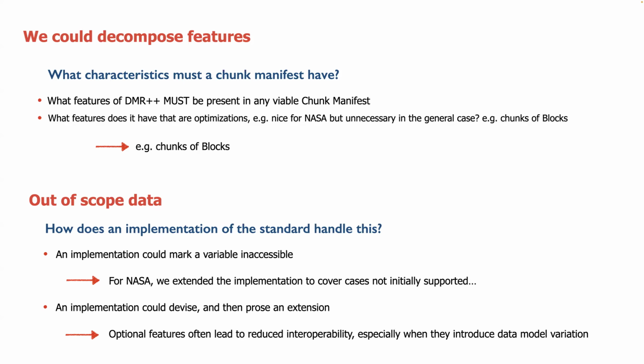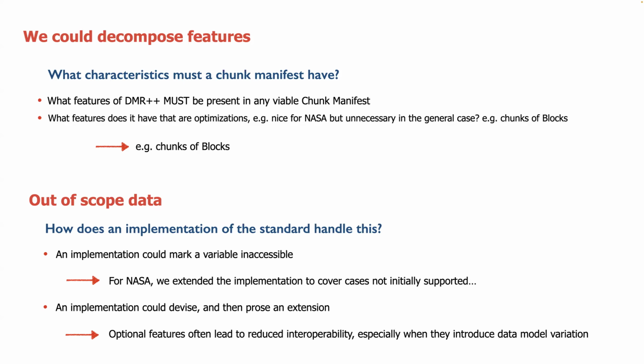When we were working with NASA, there was a baseline expectation that we would support everything as it was when the servers ran on premises. So we may have extended the implementation to cover cases that were outliers, that may not be appropriate for a standard.